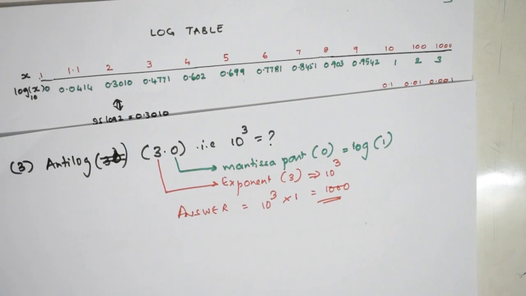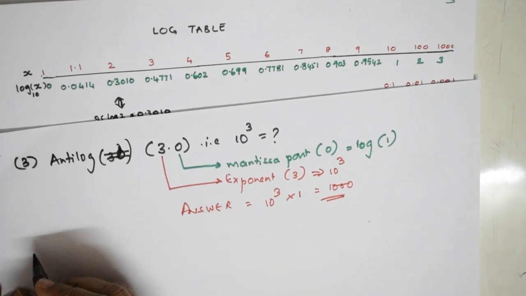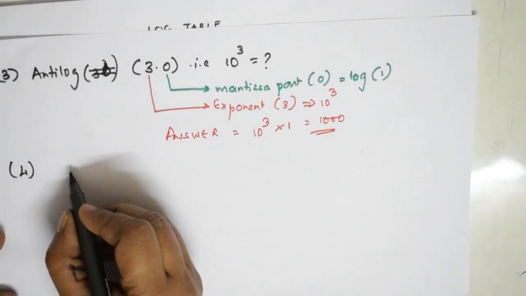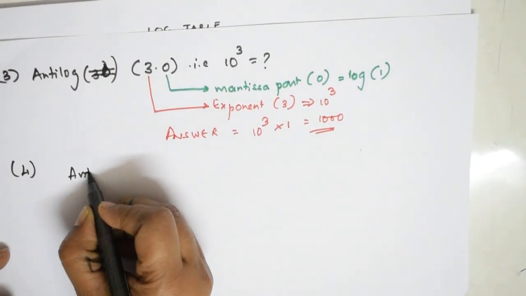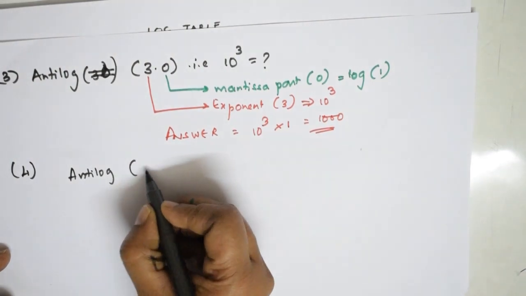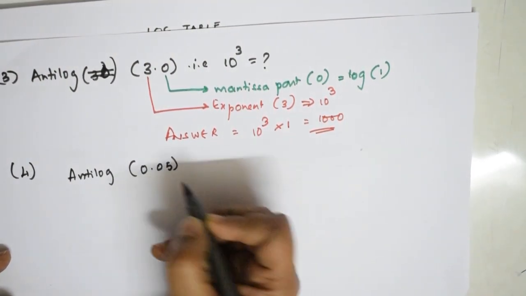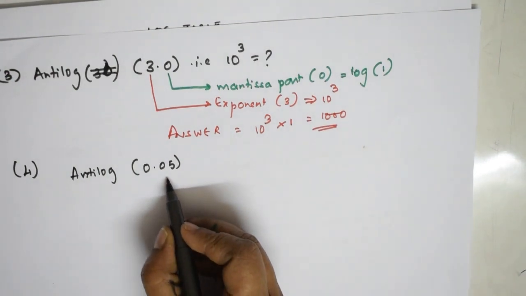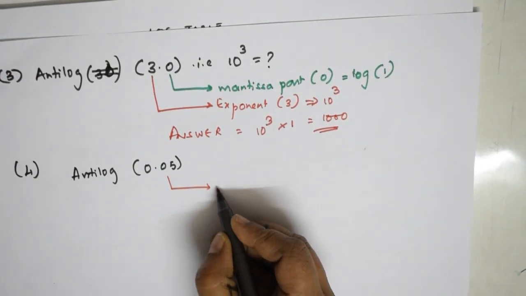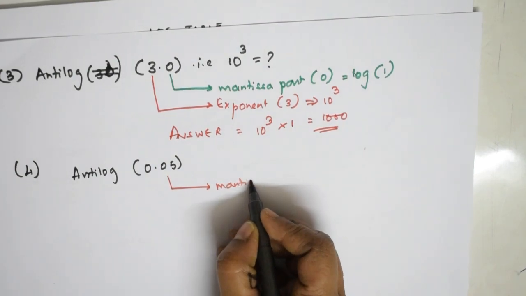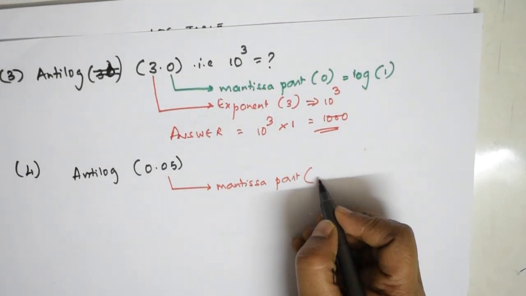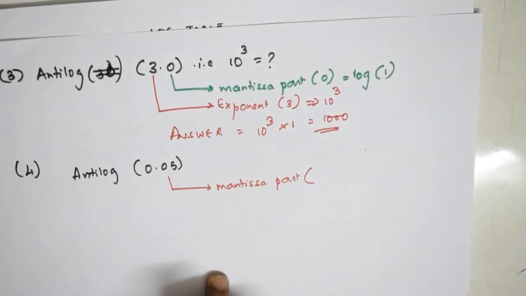So let us take one more example. Suppose they have given me a fourth example. Let us write the question: find the antilog of 0.05. Here there are two parts. As I said, 0.05 is the mantissa part.